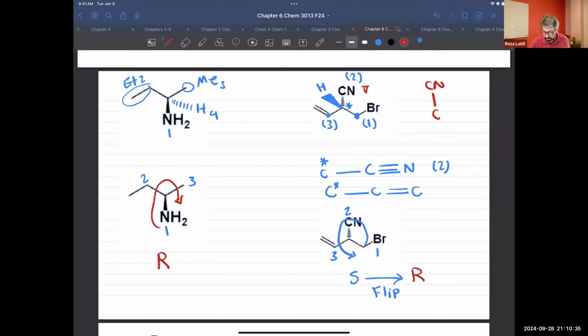On my left hand, I will have bromine attached to carbon, and then I will have a double bond here. So this is going to be 1, that's going to be 2, and this one will be number 3. Follow the numbers, it will be R configuration. If you look at the molecule from this direction, that hydrogen will be far from you. And so the right configuration is R, and as you see, we got R configuration.